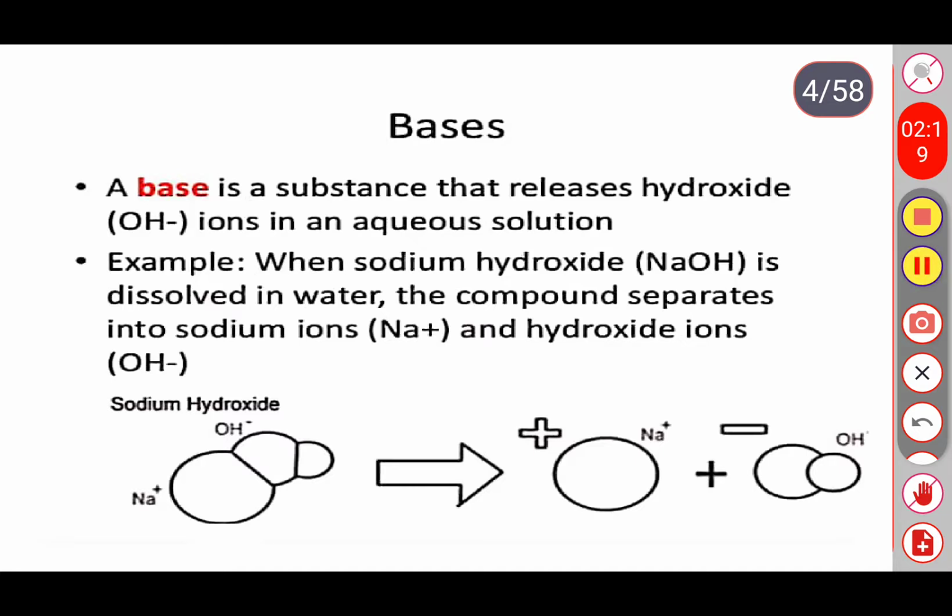Here the definition is given. A base is a substance that releases hydroxide ions. So acid releases the hydrogen ions, H plus ions, whereas base releases the OH minus ions in an aqueous solution.